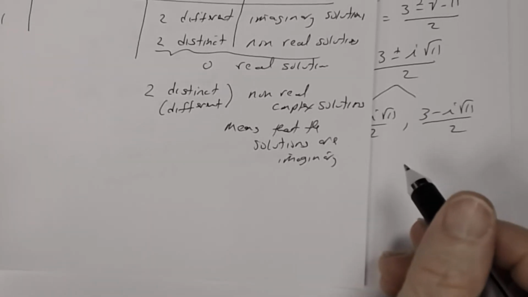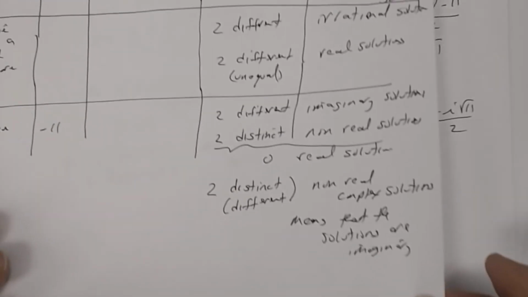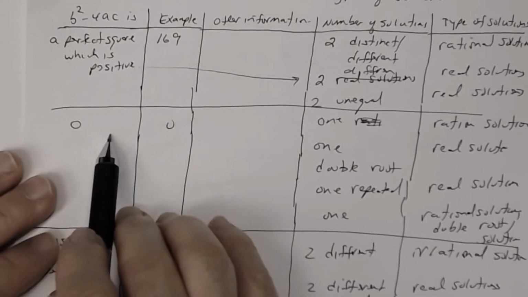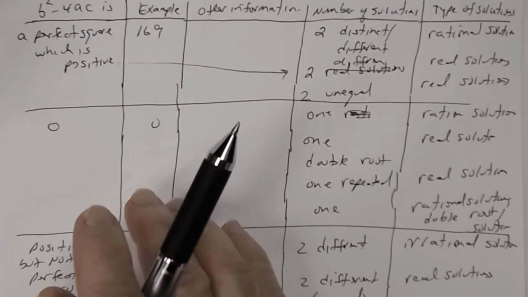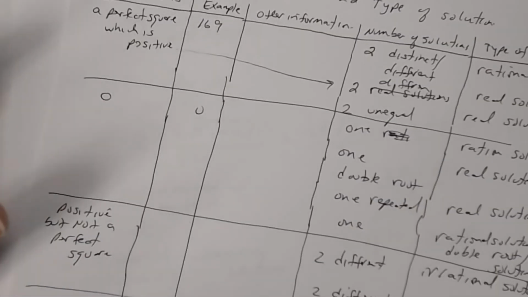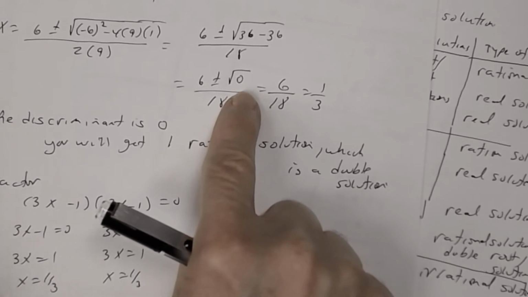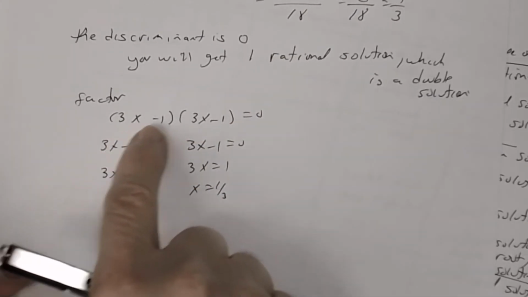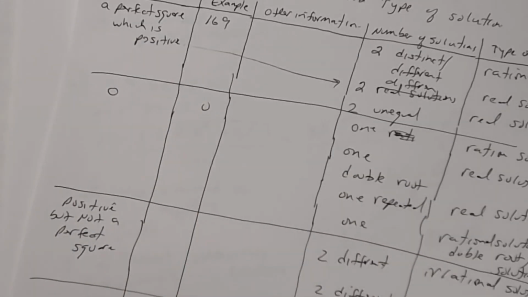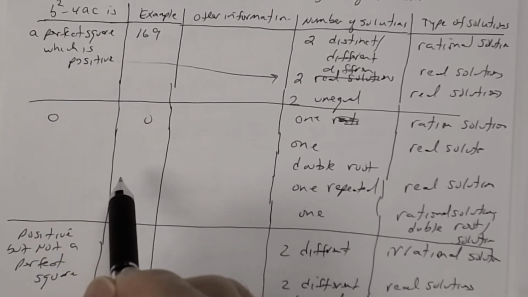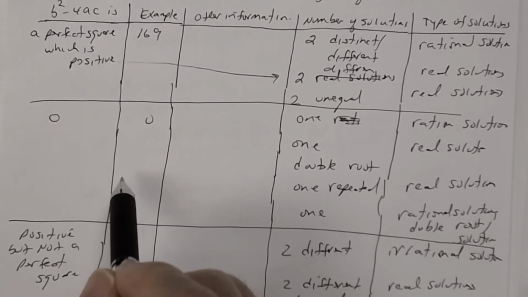Okay? All right. Okay, now, one of the things I wanted to mention about this, you remember when we did number 2, I think it was? So let me go back to number 2. When we did number 2, we had that the discriminant was 0, and we factored. So here's the point I want to make. One of the things you can also do with the discriminant is determine if your quadratic equation can be factored.